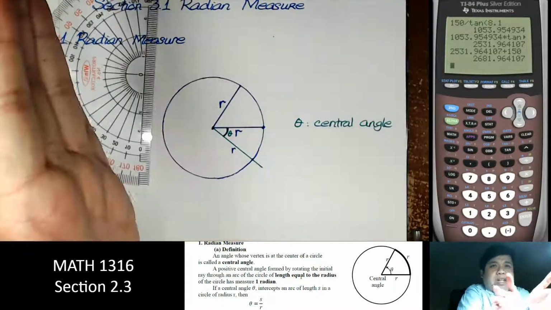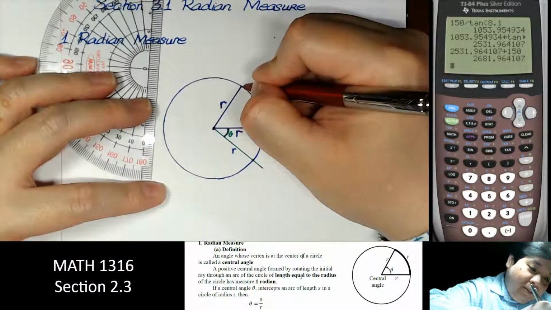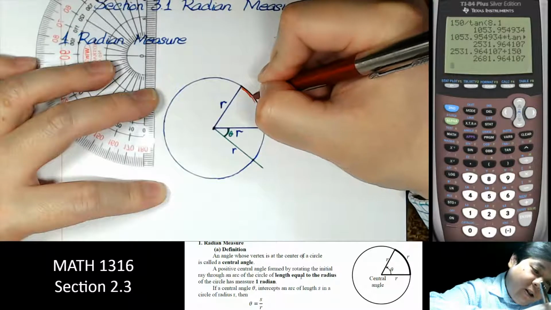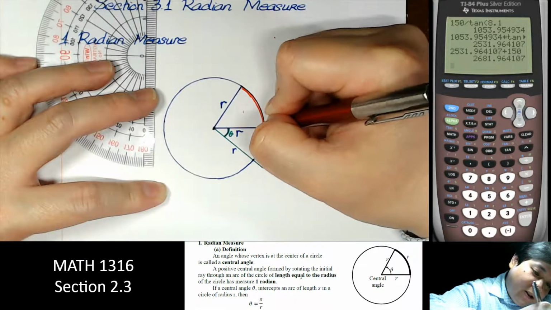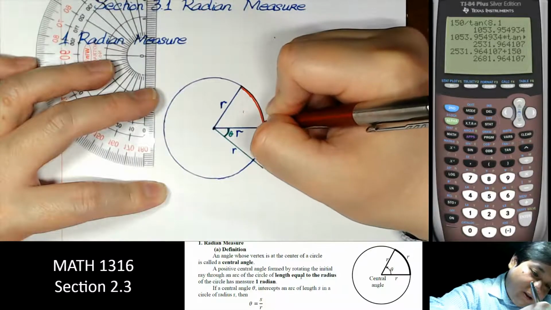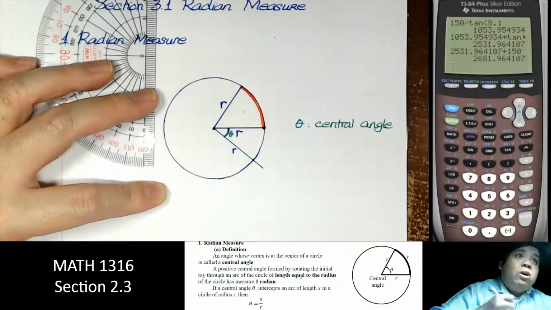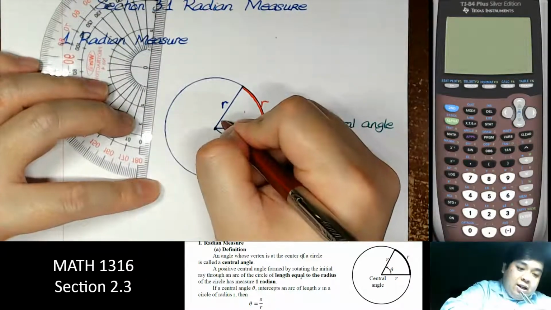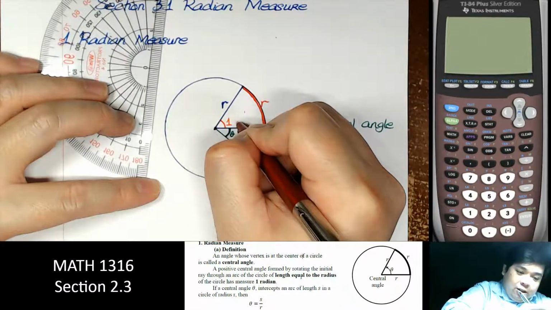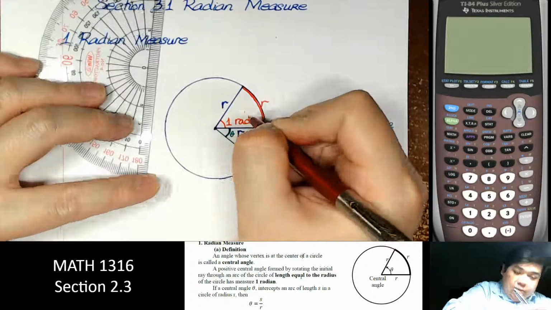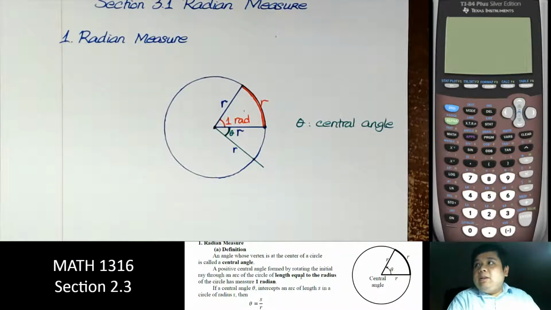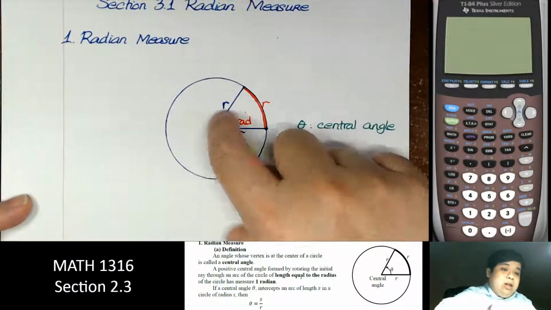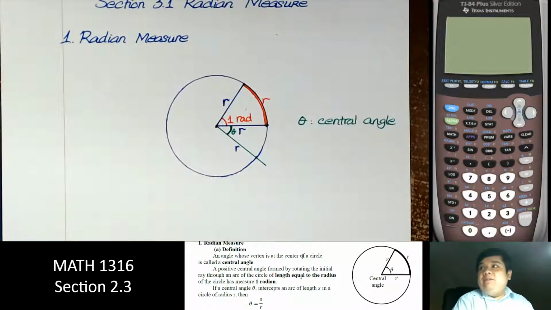Now, if we rotate the radius so that the length of an arc, this one, is the same as the radius, then this is said to be 1 radian. So 1 radian is the angle so that the radius will have the same length as the arc length.